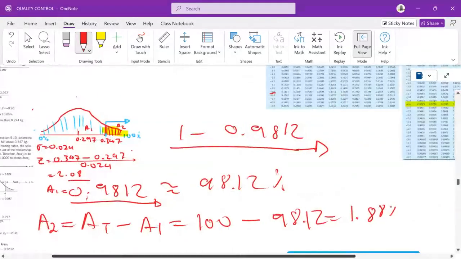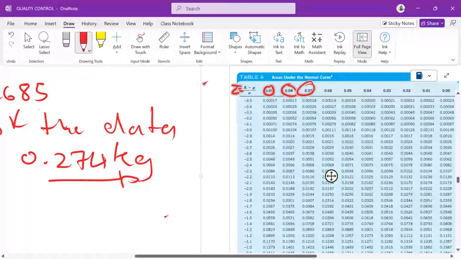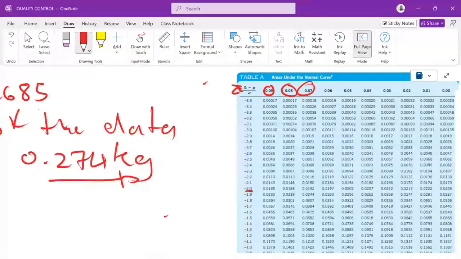It is also imperative to realize that if we were looking at this from a negative point of view, the answer we were going to get, let's go, negative point of view. So this is when you are confirming your answer to say, hey, but I'm not sure with my answer. The answer is here. Under the negative 2.08, then your answer is there, 0.0188.